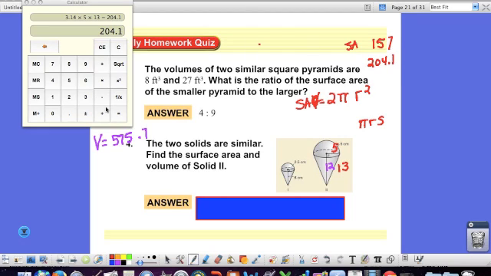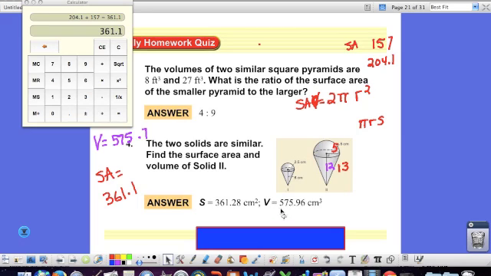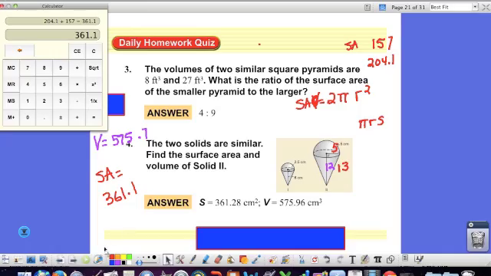So if I add the 204.1 plus the 157, I get a surface area of about 361.1. Because of the pi button, these answers are going to round slightly, but looks good on surface area and looks really good on volume. A lot of work there, but we were able to get through it and do it.